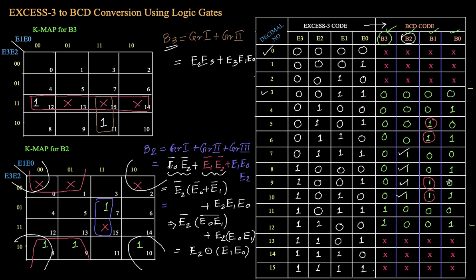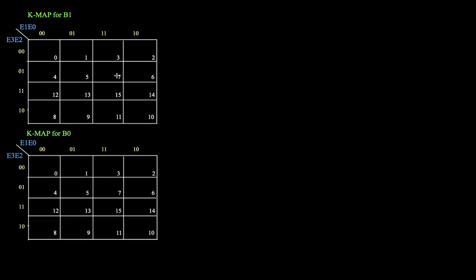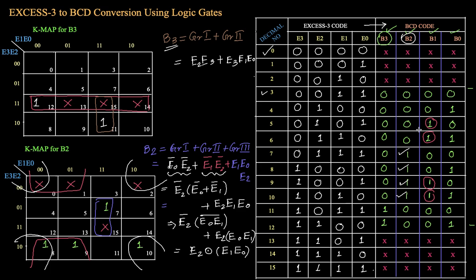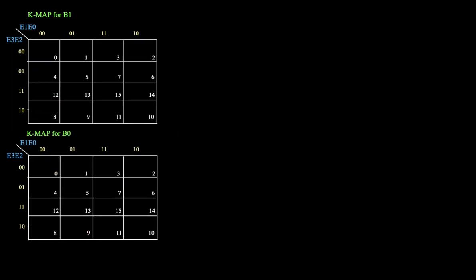These 4 positions we are taking for B1: 5, 6, 9 and 10. So we should take don't cares.